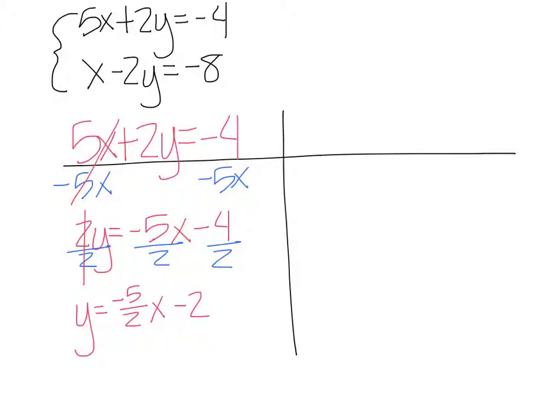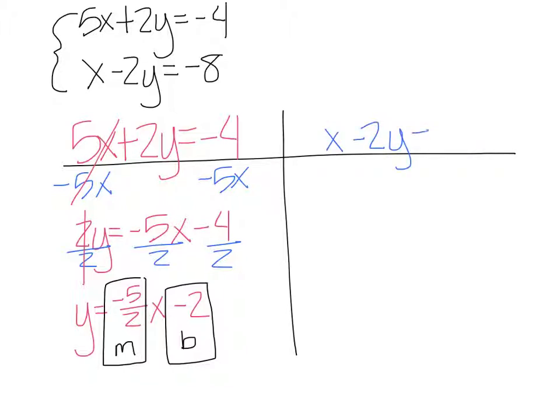So let's look at the important information. Our slope in this case is a negative 5/2. Our y-intercept is a negative 2. Let's look at the other equation in the system. x minus 2y equals negative 8. So I'll start by subtracting x from both sides, leaving us negative 2y equals negative x minus 8.